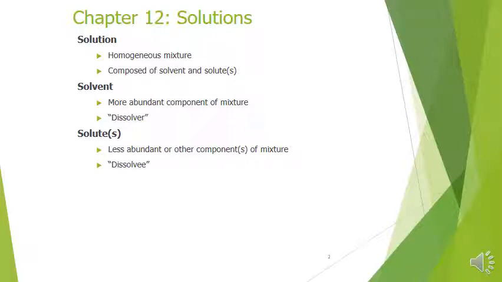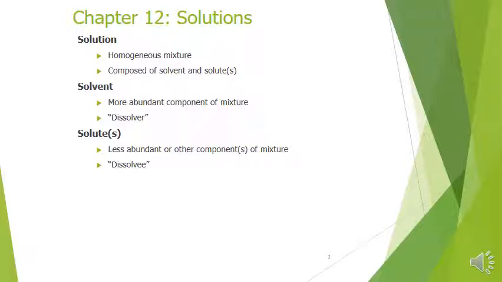A solvent is basically the room, and it is the most abundant part of the mixture. It is the dissolver. In our case, usually it will be water. Then you'll have solute or solutes, which are less abundant, the other components of the mixture, and they are the things that are dissolved.